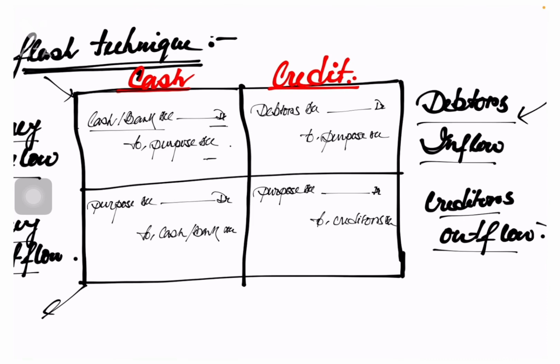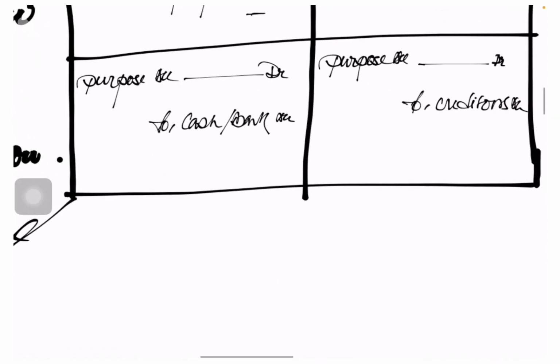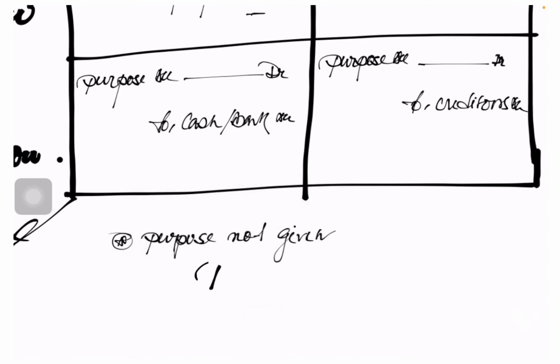Now student, one simple short note. If the purpose is not given, the question comes: sir, what if the purpose is not given? Then don't confuse. Instead of purpose, we are going to write the party account.